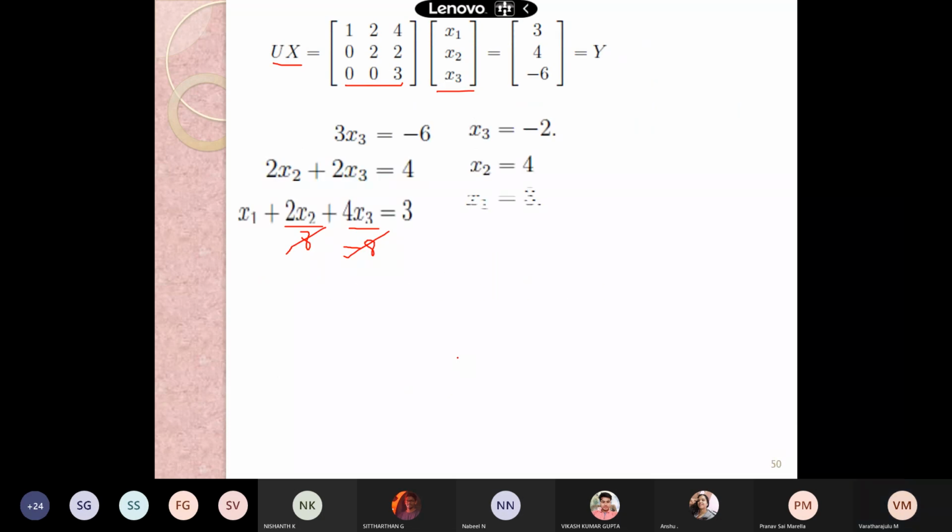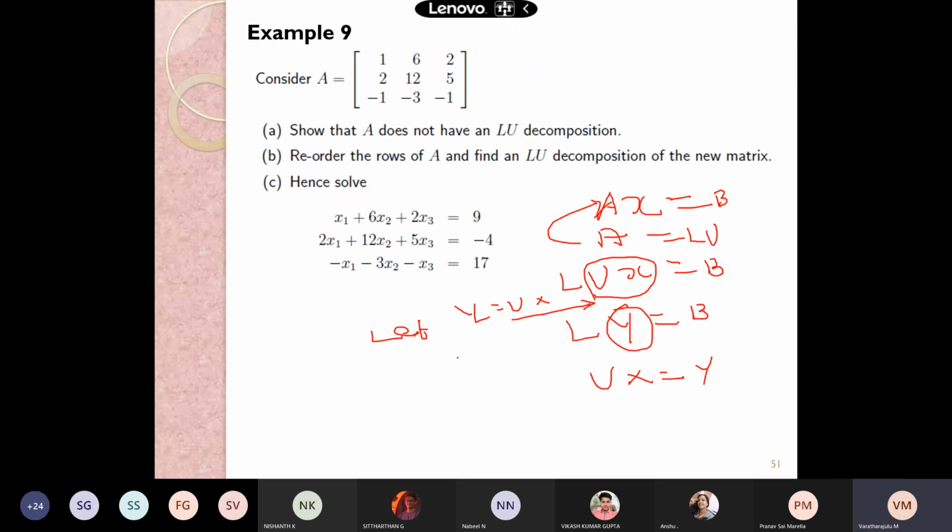And now we'll try to solve example 9. Please copy down this linear system of equations. x1 plus 6x2 plus 2x3 is equal to 9. 2x1 plus 12x2 plus 5x3 is equal to minus 4.